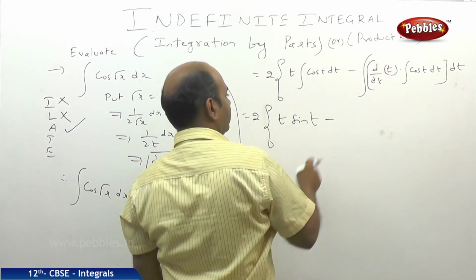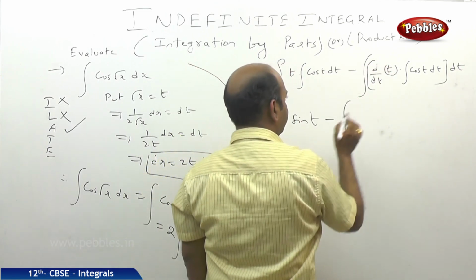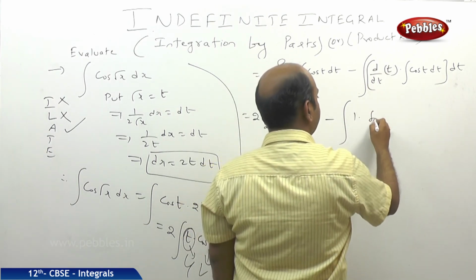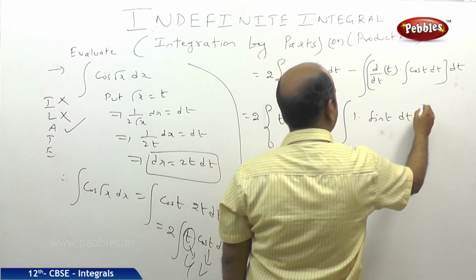So same, integral of cos t will be sin t minus integral of d by dt of t is 1, and here that will be sin t dt.